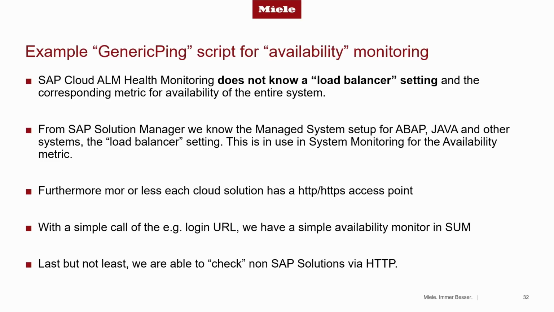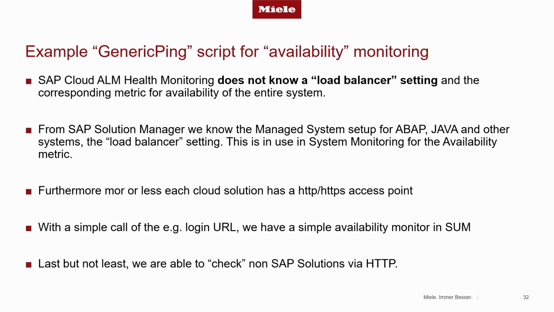You can see the availability, but the availability of the central entry point, which is the health load balancer setting, is not able to be monitored, and therefore I built a simple SICF ping script, which calls the URL for the SICF ping as an alternative to the formerly known system monitoring availability monitor.